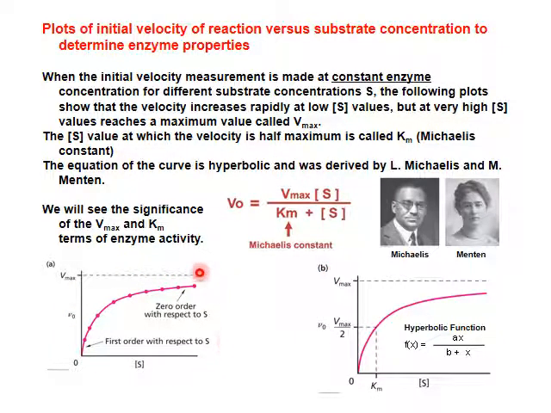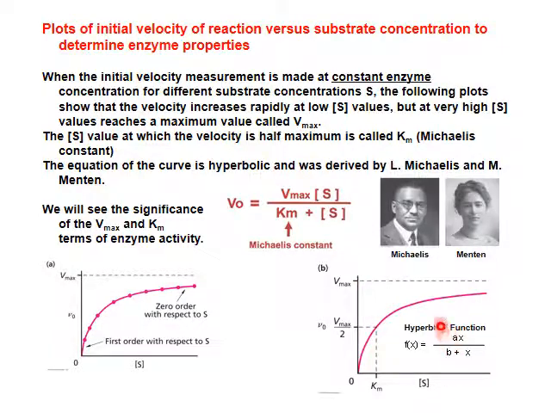If we look at where Vmax and Km are on these plots, this is better shown in this diagram here. The Vmax is this dotted line up here. That's your theoretical maximum velocity. If you have S be very large, you eventually get to Vmax.